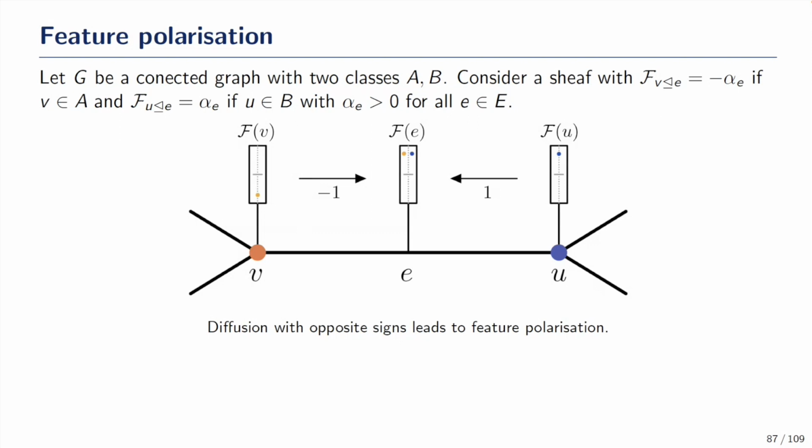So notice, this is negative, and multiply by -1, we get a positive opinion. That's the only way for these two individuals to agree. And then diffusion will force our features to be negative for one class, positive for the other class, and it's trivially separable, right? Just compare with 0. Is it smaller or bigger than 0? And that's what gives you the class.